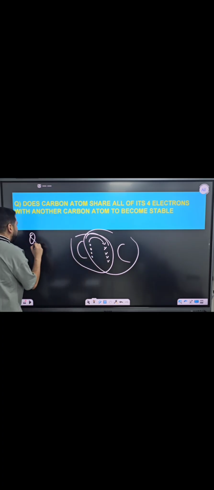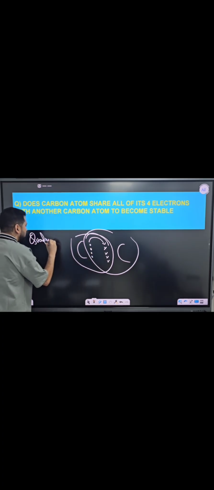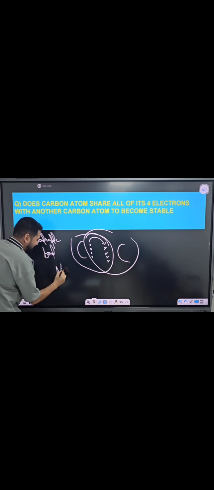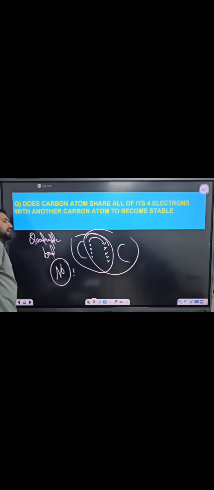Can I say this carbon will share all 4 electrons with this one and become stable, forming a quadruple bond? The answer is a big no. This can't happen. Carbon can't form a quadruple bond.